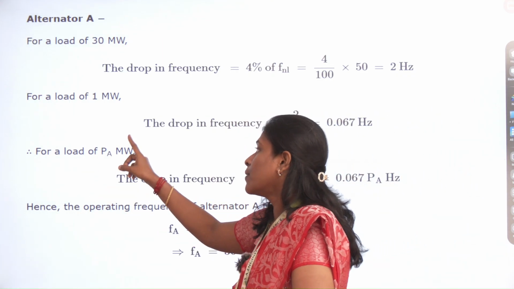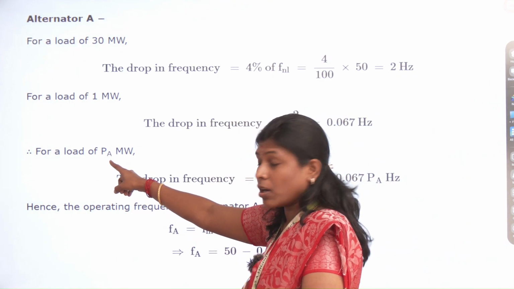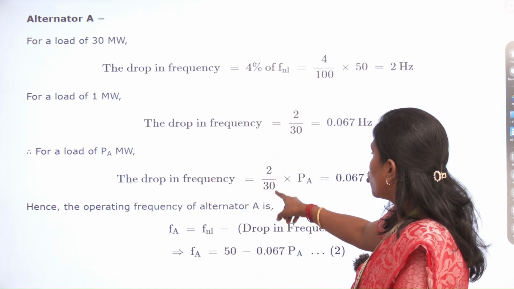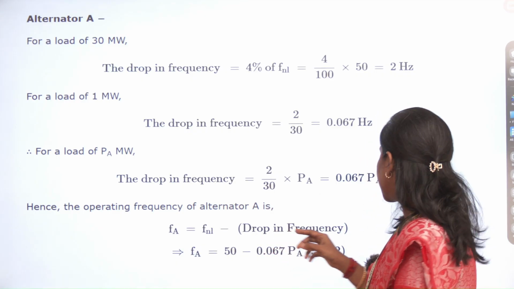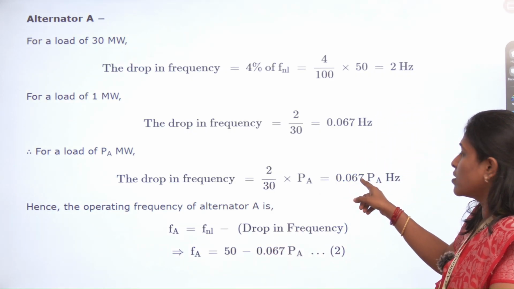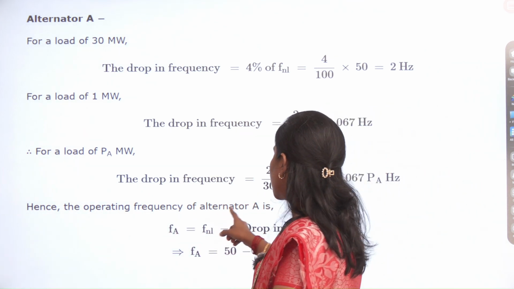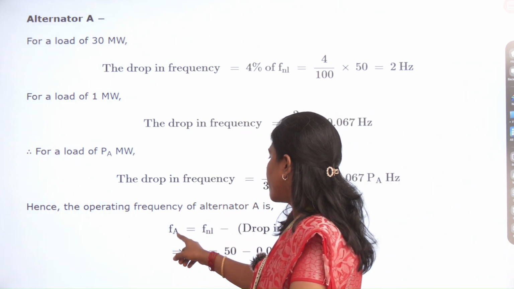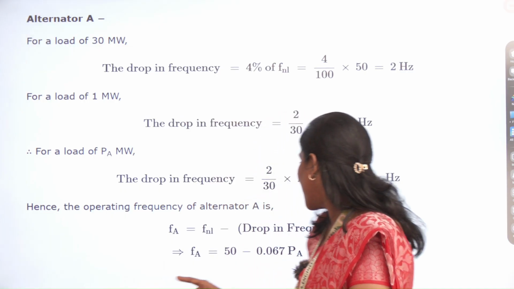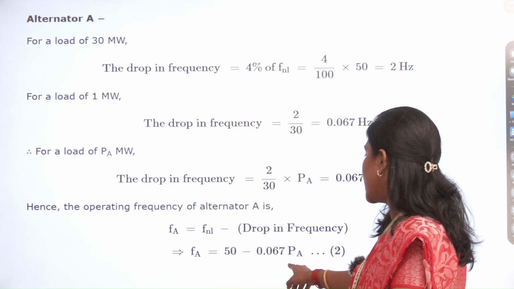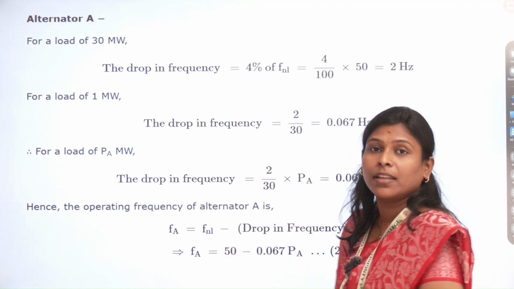For a load of PA, the drop in frequency is 2 by 30 into PA, that is 0.067 PA hertz. Hence, the operating frequency of alternator A is FA equals FNL minus the drop in frequency. FA equals 50 minus 0.067 PA.